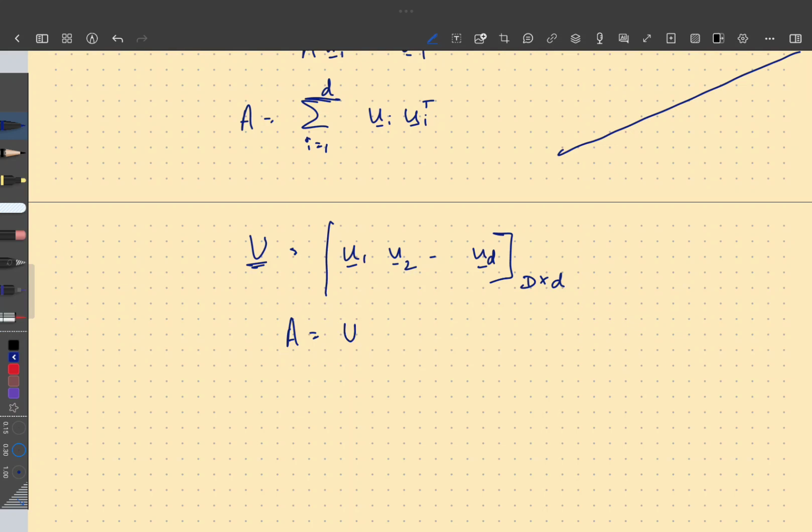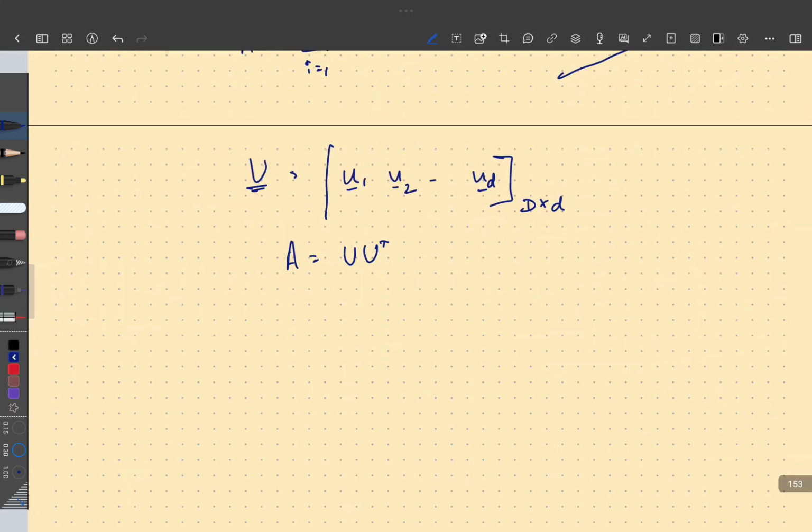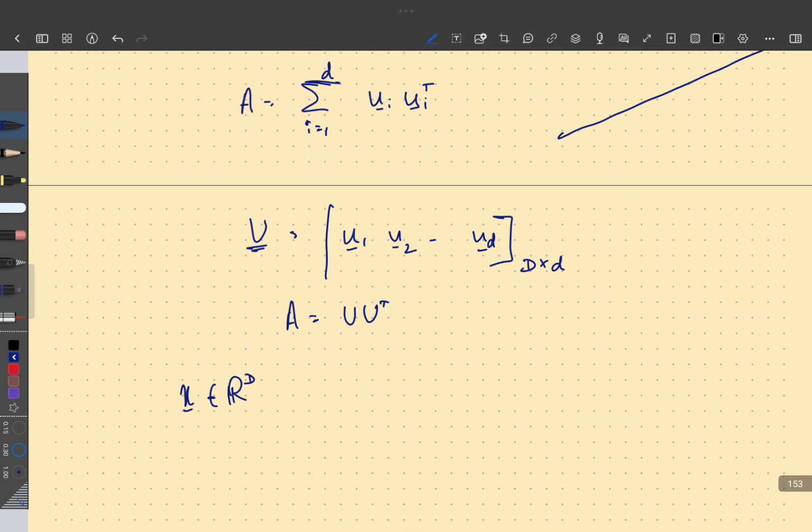Then A is basically U U transpose, right? So suppose that I gave you a vector x in R^D, what would be the orthogonal projection of x in terms of the vectors u1, u2 up to ud?